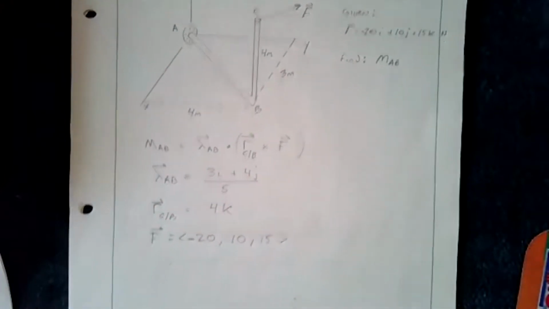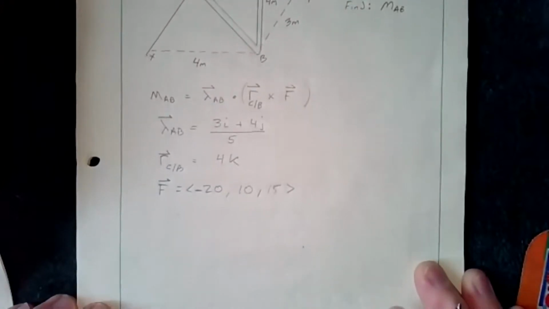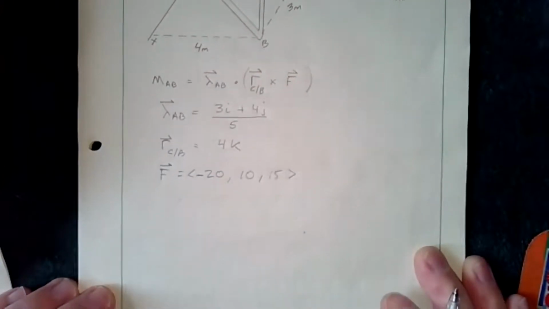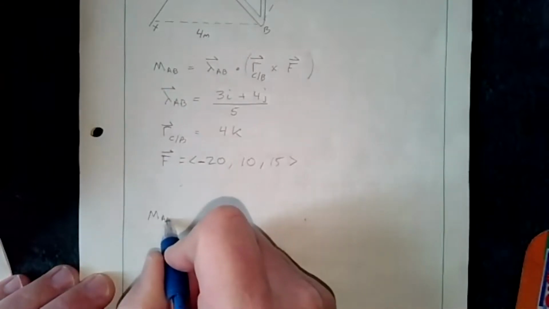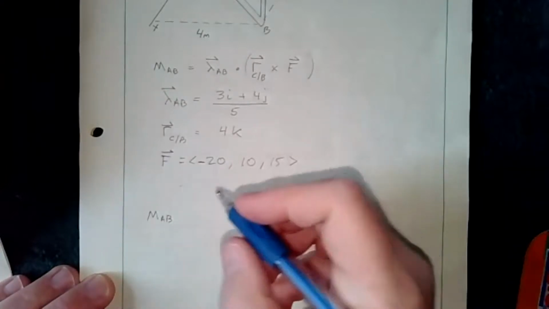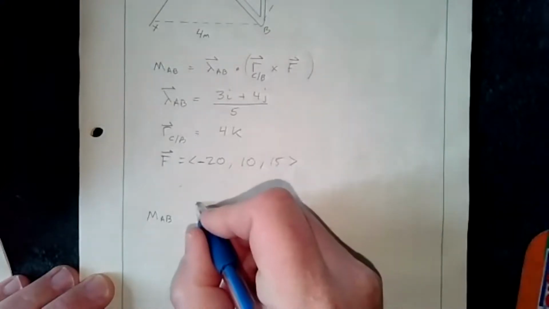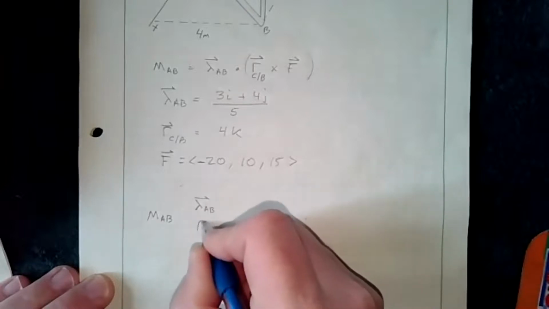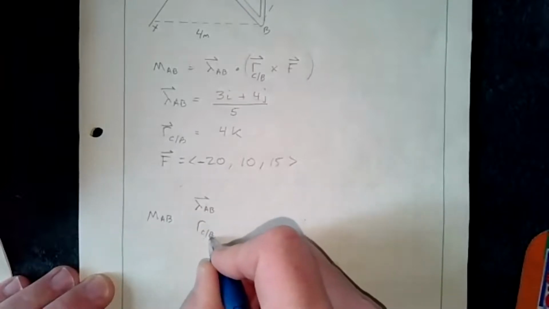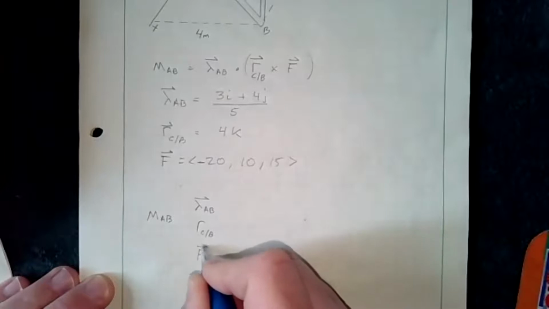So now we have everything we need to put this together. So we go ahead and we set it up like I showed you in the previous slide. We know that the moment about AB, and this is always the order you want to write them, is lambda AB, R C relative to B, and force, all vectors.